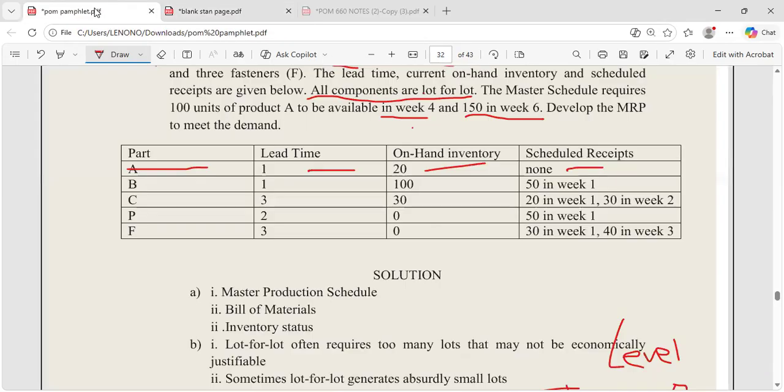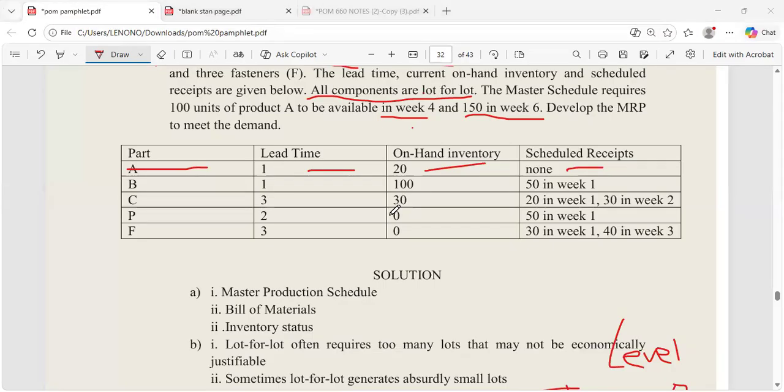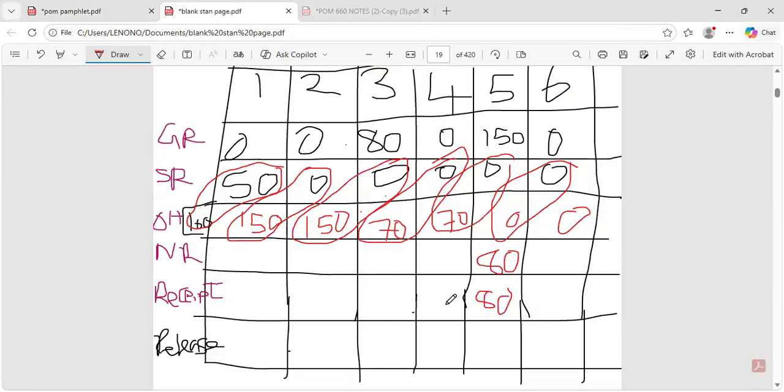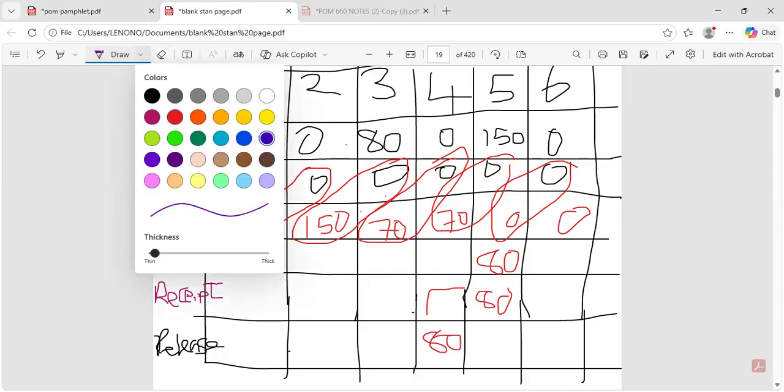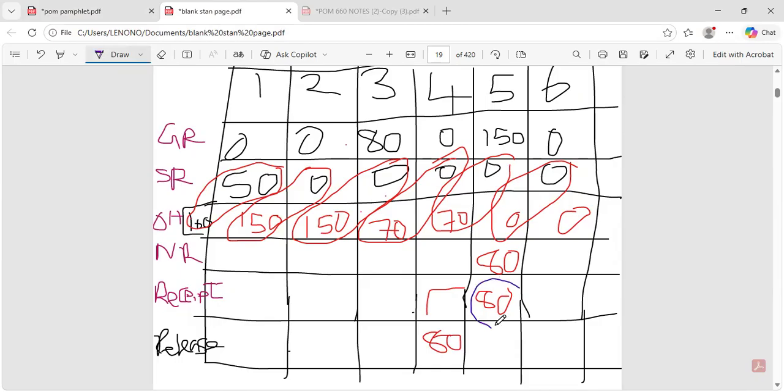Then the lead time for B is 1 week. So if the lead time for B is 1 week, it will have been released 1 week before, so just put 8 here. Then I told you to remove this receipt, so you remove this 8 from where it is. Where do we take it?